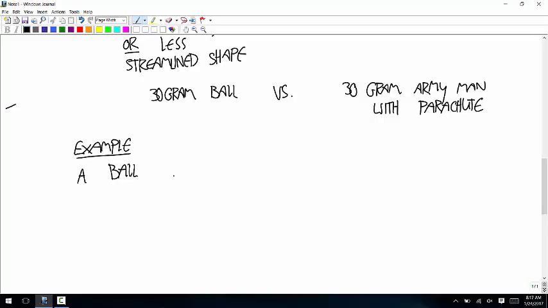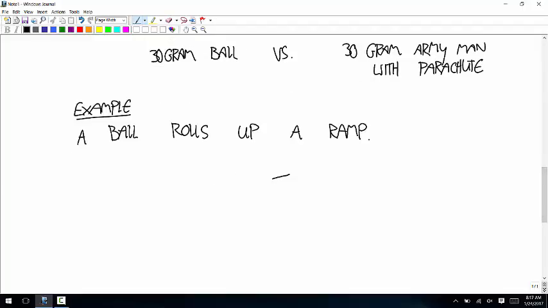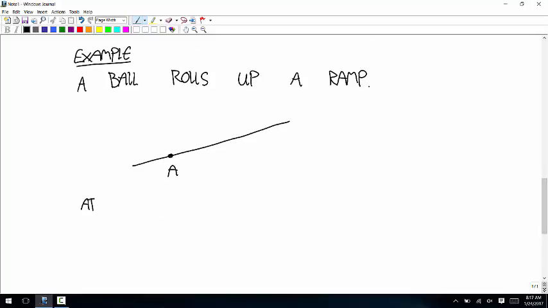Okay, so a ball rolls up a ramp. When it passes point A, it's moving, let's say, 4 meters per second.